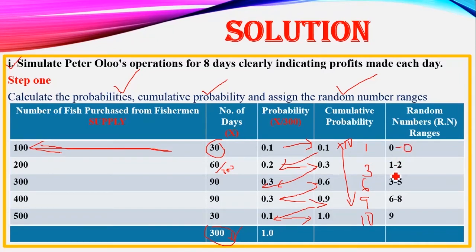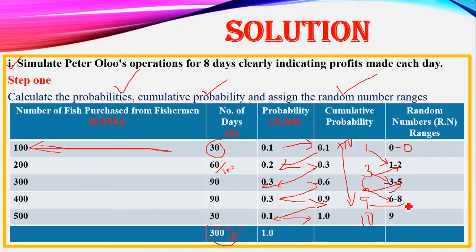Then you go to the next one. Now the first number here will be our 1, and then we take the lower side of 3, which is 2. Then 3 comes there. We take the lower side of 6, which is 5. Then we have 6 coming there.